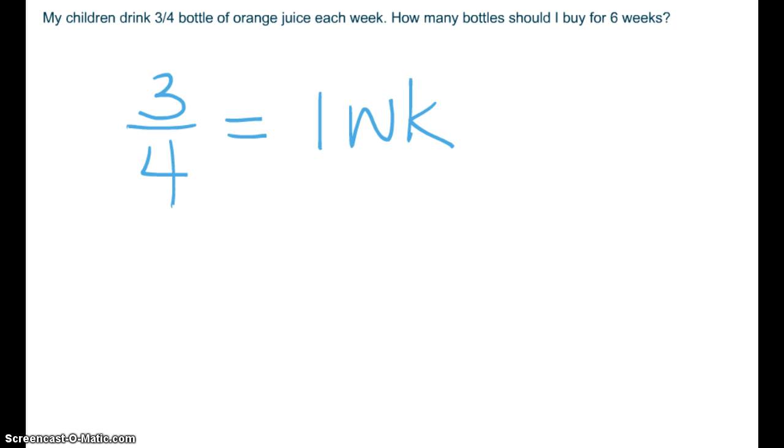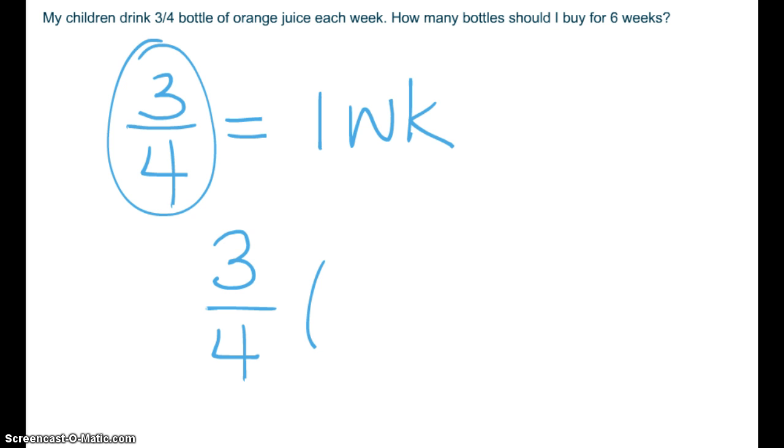My children, so the next problem, my children drink 3/4 of a bottle in 1 week. That's 1 week. But I need to know how many bottles I should buy for 6 weeks. So if 1 week is 3/4, can't I just take 3/4 and multiply that times 6 weeks?